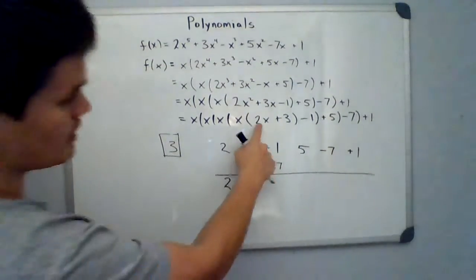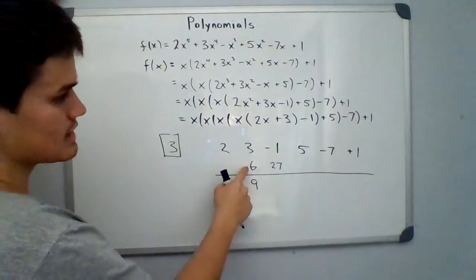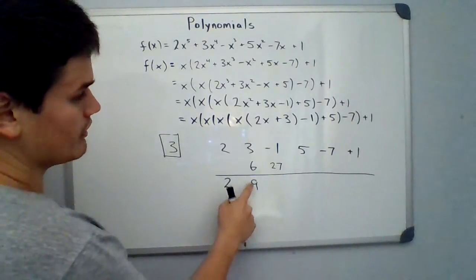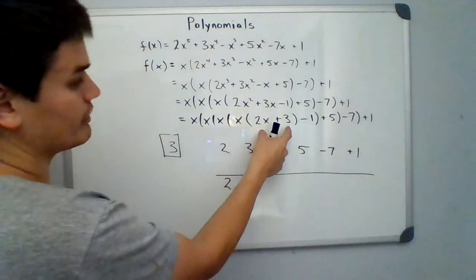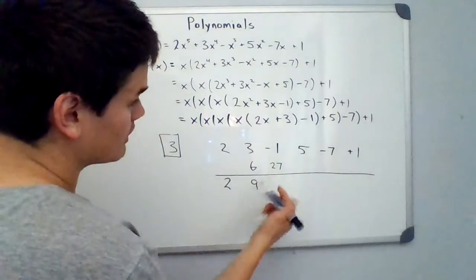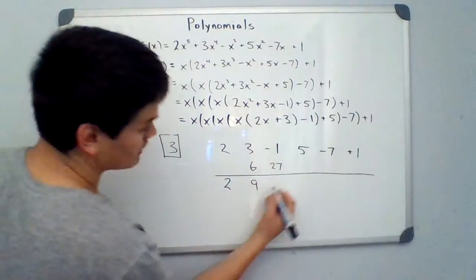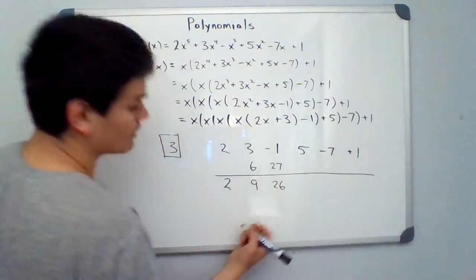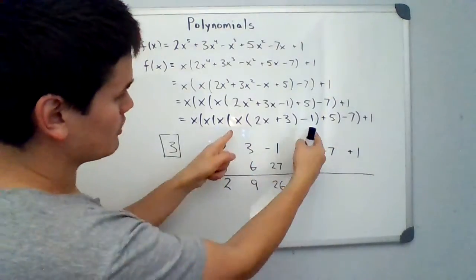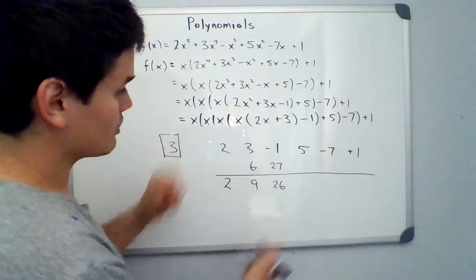Let's see if we're right. 2 times 3 is 6, plus 3 is 9. And then I take the 9 that's going to be here, and I multiply by 3, and I get 27. And then I subtract 1 from that, and I get 26. And now this is 26, and I'm multiplying it by 3 again.